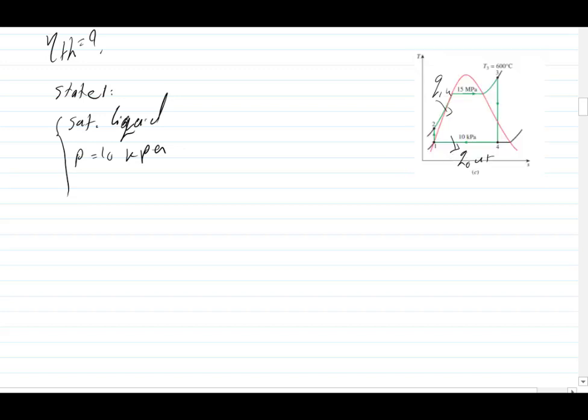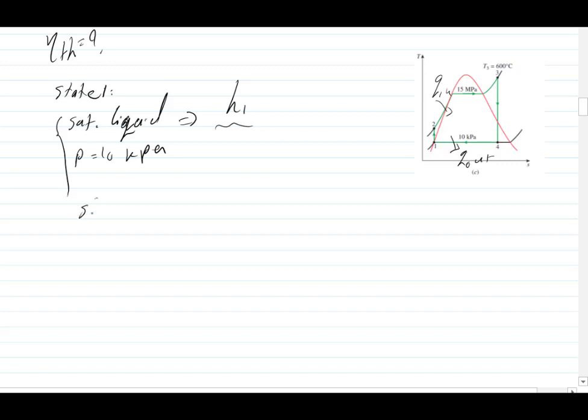So for state 1, nothing changed. It is similar to parts A and B, so we don't need to calculate h1. It is already known and we can find its value from part A and B of the question.